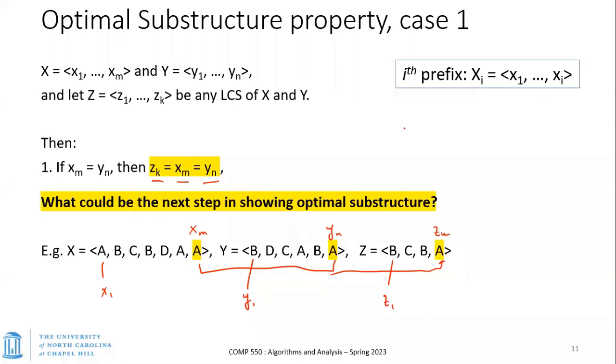Could we say that if x1 is equal to, let's put a double equals, y1, then z1 is going to be equal to x1, which is going to be equal to y1? Is that going to be true?